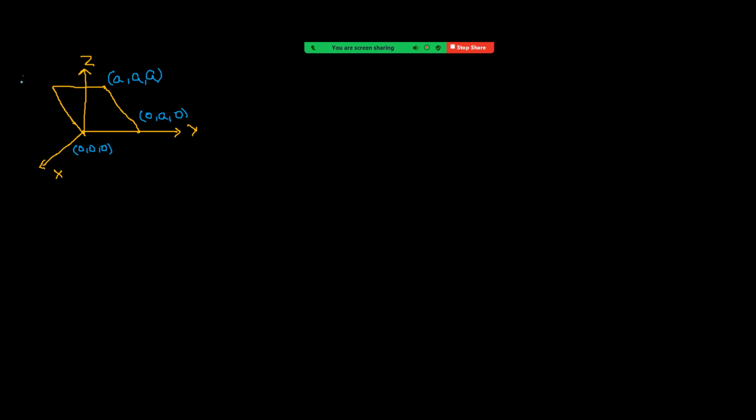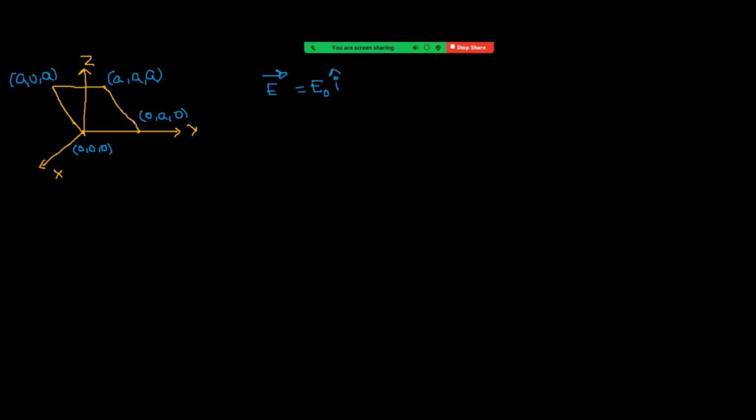And the last one is a, 0, a. So we are given coordinates, and the field is given: E bar equal to E naught i cap.